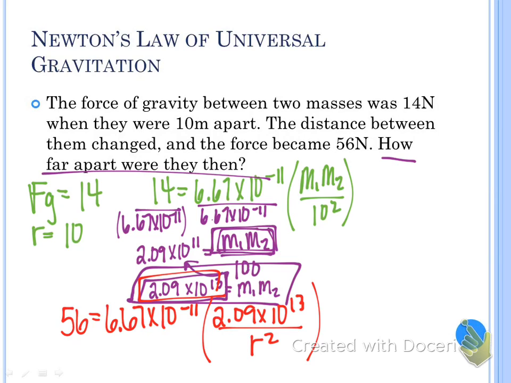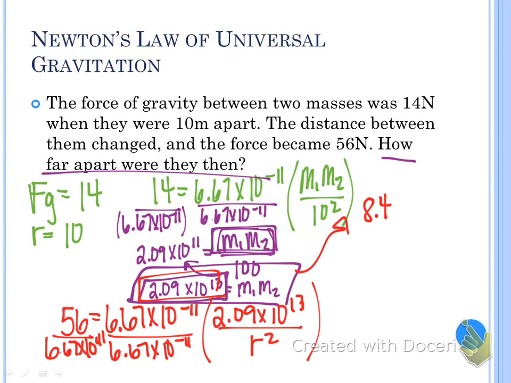So, again, first algebraic thing I'm going to do is divide by 6.67 times 10 to the negative 11th. So I'll take 56 divided by 6.67 times 10 to the negative 11th. And I'll have to move my equation over here. That gives me 8.4 times 10 to the 11th equals 2.09 times 10 to the 13th over R squared.